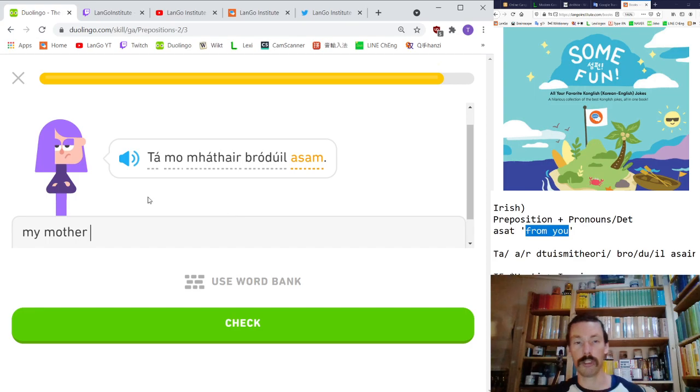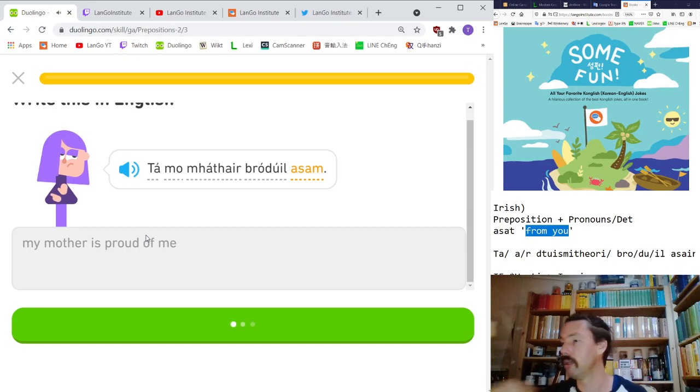Usually that won't give you a very easily intelligible string of English. Or you can go for something where the meaning of the English sentence as a whole conveys in roughly the same way what the original tries to convey. So let's finish this. My mother is proud of me. Okay, and that's the finish.